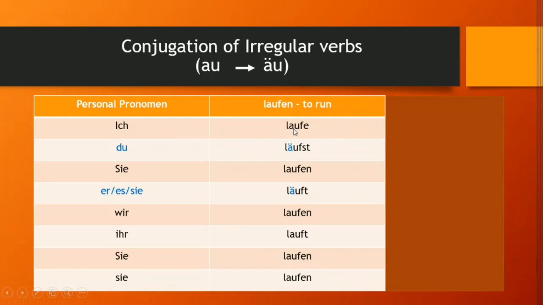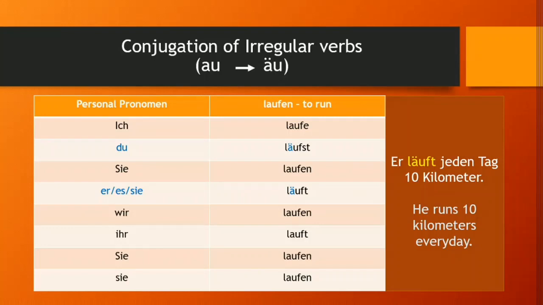Ich laufe, du läufst, er/sie/es läuft, wir laufen, ihr lauft, sie laufen, Sie laufen. So for du it's läufst, sie läuft. Er läuft jeden Tag 10 Kilometer. He runs 10 kilometers every day.